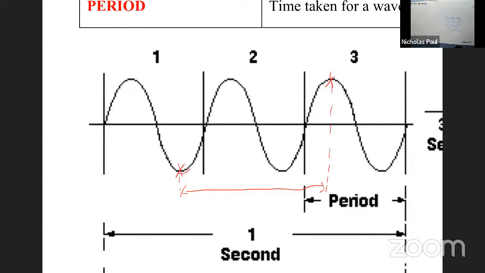So from here to here to here is a whole, right? And here to here we have a half. Okay, so the answer is 1.5, right? Nice job.